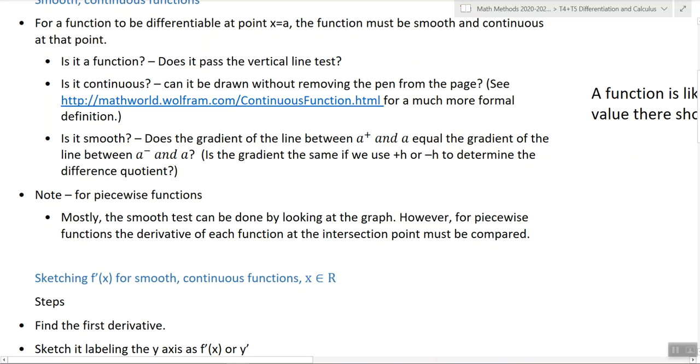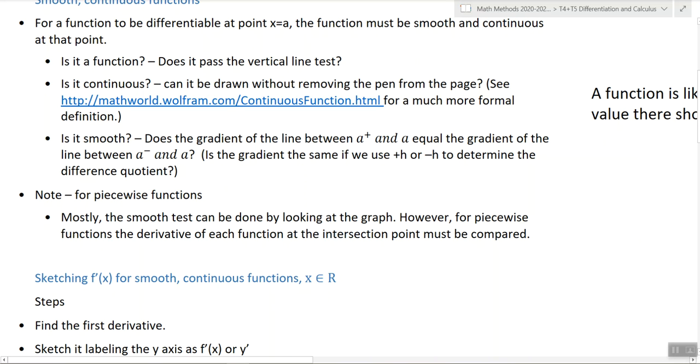However, it's not always that clear cut. I gave you an example of a piecewise function that was clearly different gradients, they were both linear, but it's not always that clear cut.